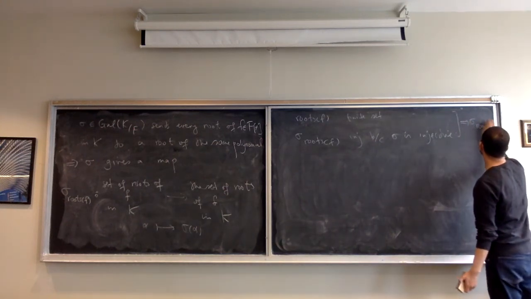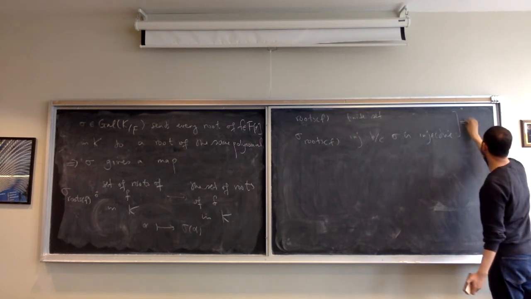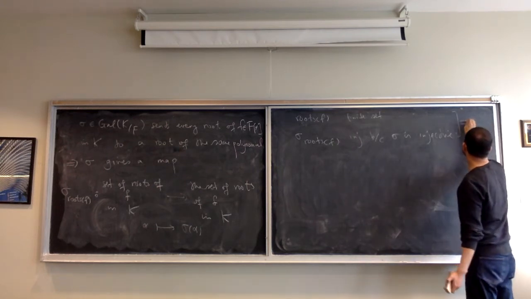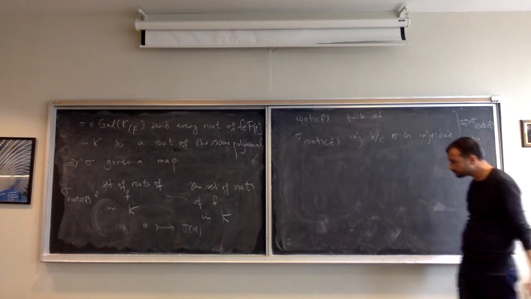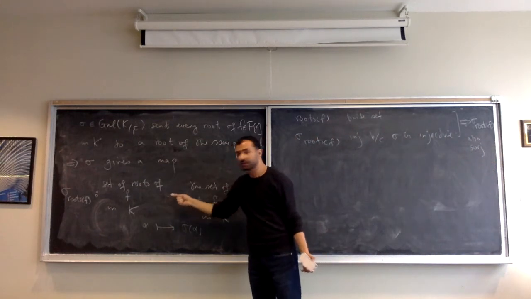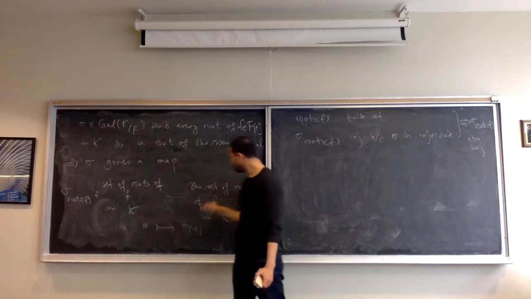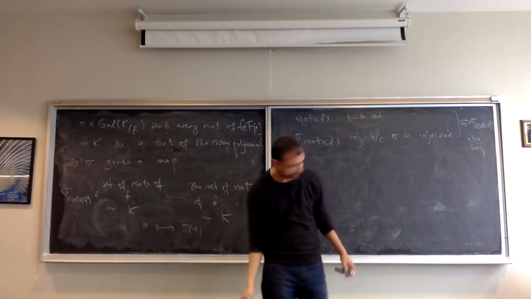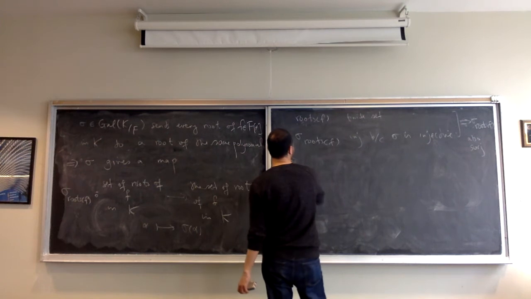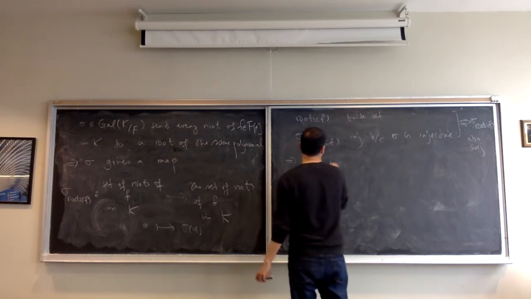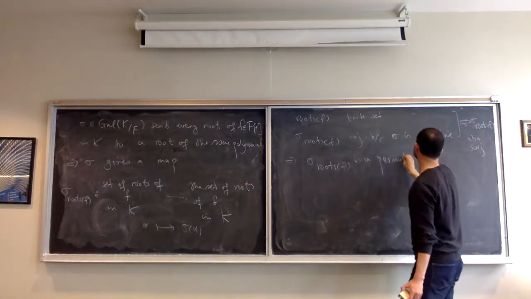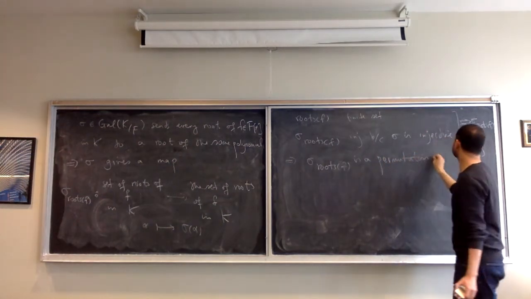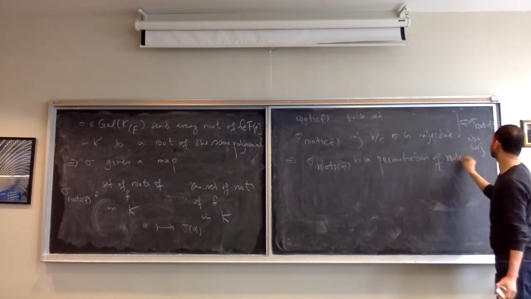Sigma restricted to the roots of f is also surjective. So this is a bijective function from the set of roots of f to the same set. So sigma restricted to the roots of f is a permutation of the set of roots of f.